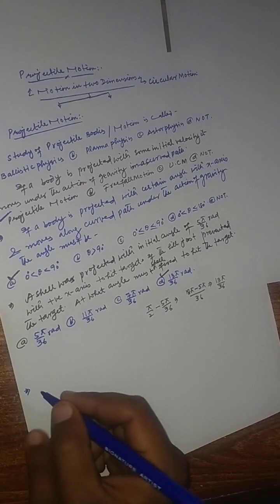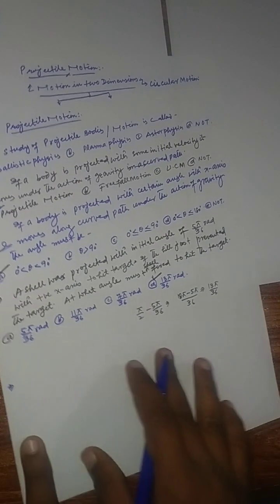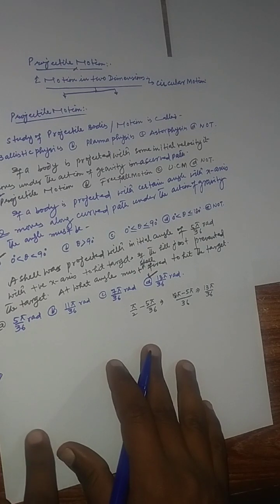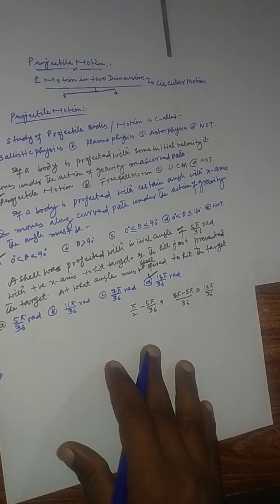As we know, projectile motion is two-dimensional motion, so it has two components. It simultaneously moves along two dimensions, the x-axis as well as the y-axis.